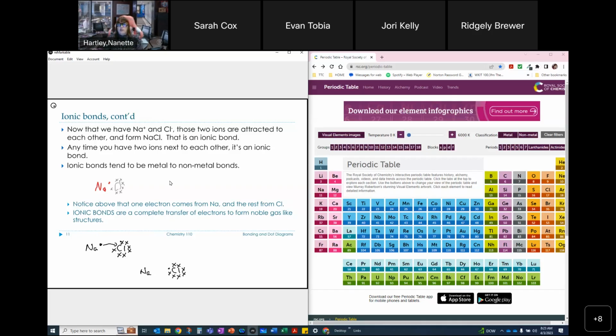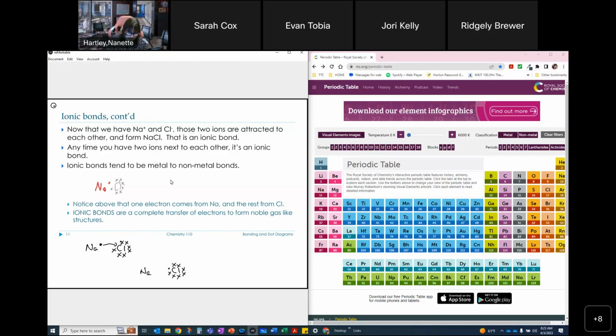Like I said, we're going to talk in way more detail about how we draw those Lewis structures, but they're just a representation of the electrons in those outermost energy levels, those valence electrons. So we transfer that electron from Na to Cl, and that's an ionic bond. It's a complete transfer of electrons.